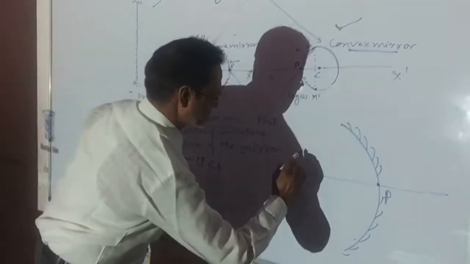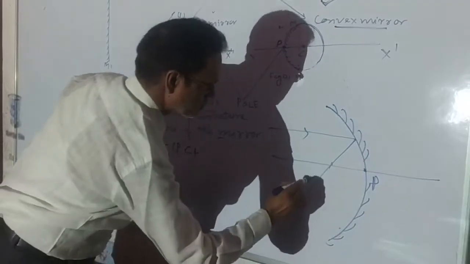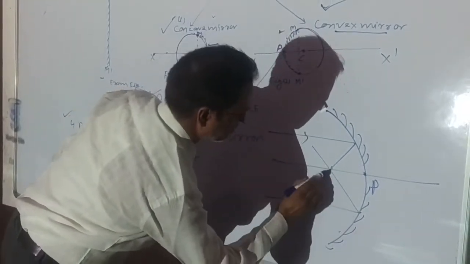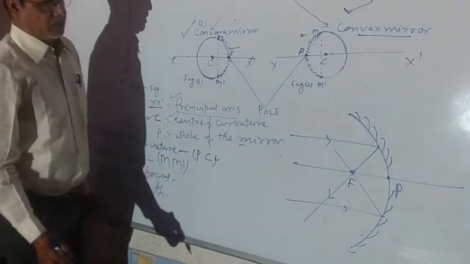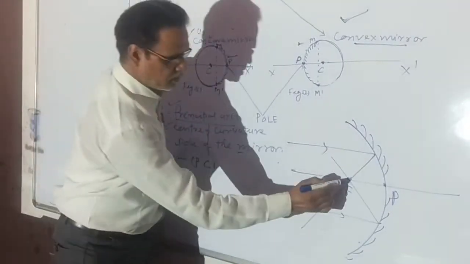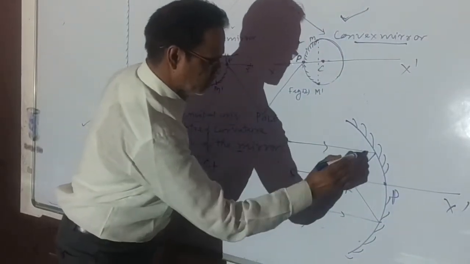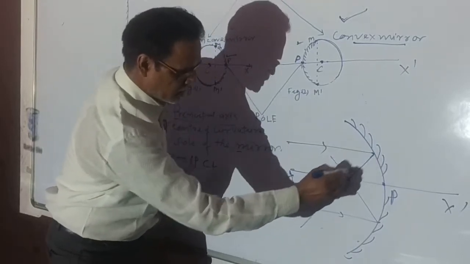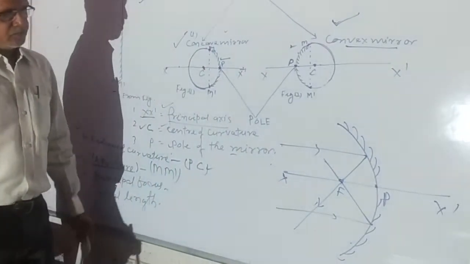Principal focus is defined as the point on the principal axis through which all the parallel rays of light pass. So that is called principal focus.